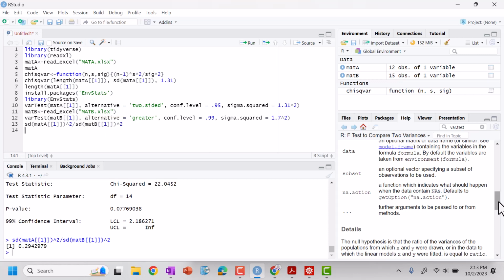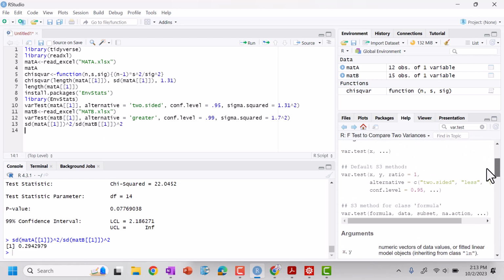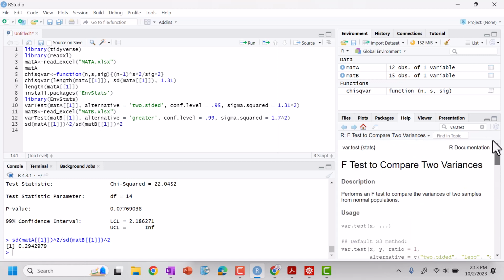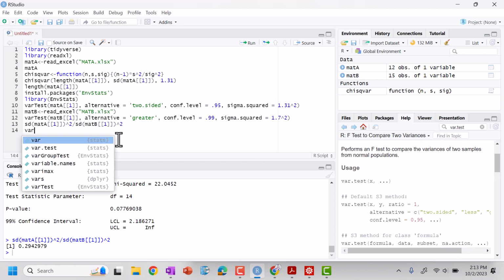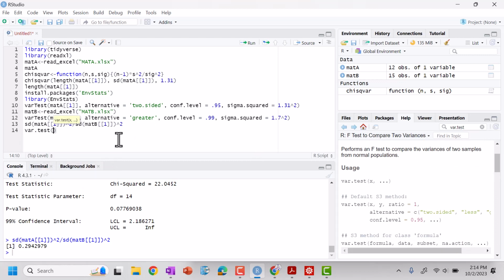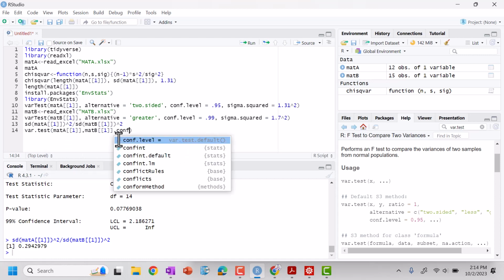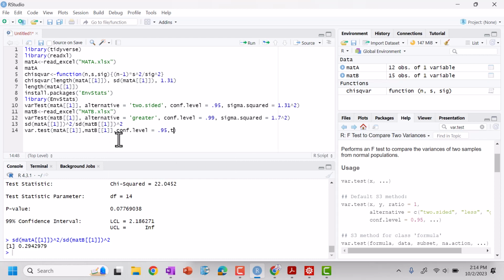So what we can do now, if we're comparing, is use our F-test, our var test. Let's make sure we have our stats package built in. So we can do var.test, and we can look at mat A, bracket 1, and mat B, bracket 1, at a conf level of 0.95, with alternative equals two.sided, and that should be enough.